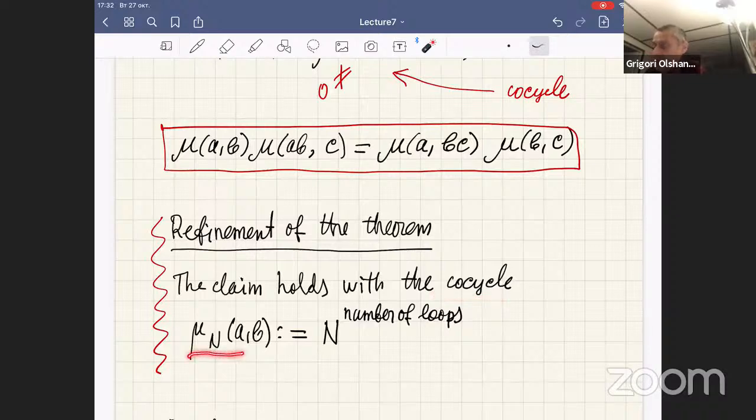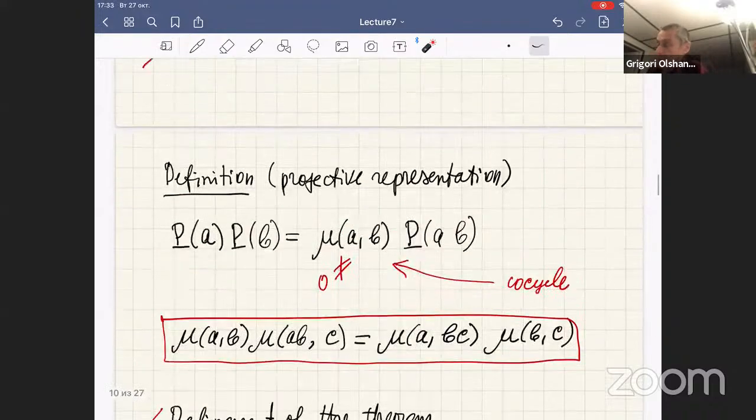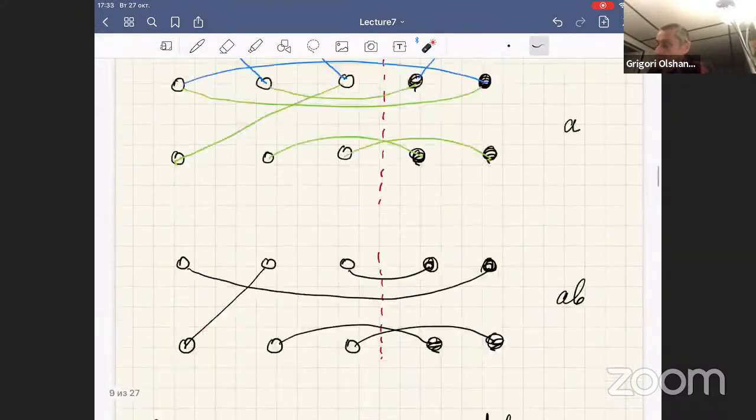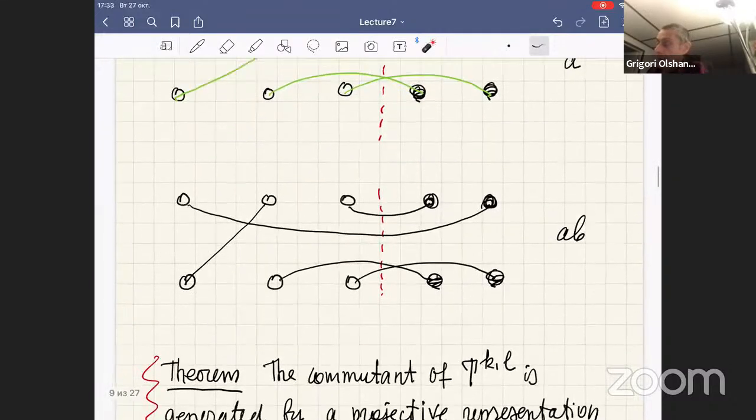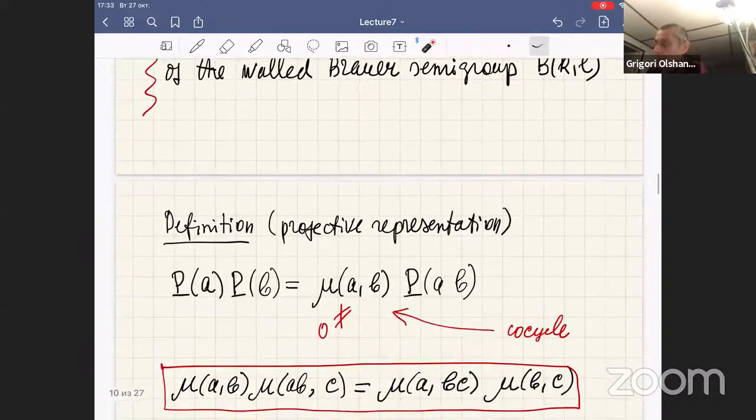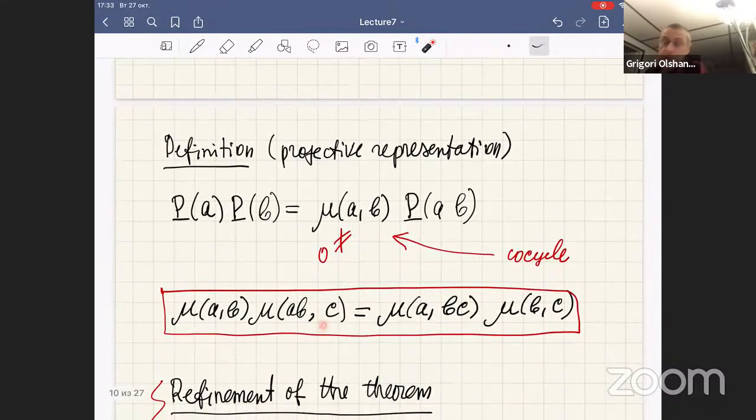The special cocycle depends on n, which is related to GL_n, and it is defined as follows. We take n raised to the power which equals the number of possible loops which can arise from the multiplication of two pictures. And then this condition is evident, because then we have three pictures which are concatenated.